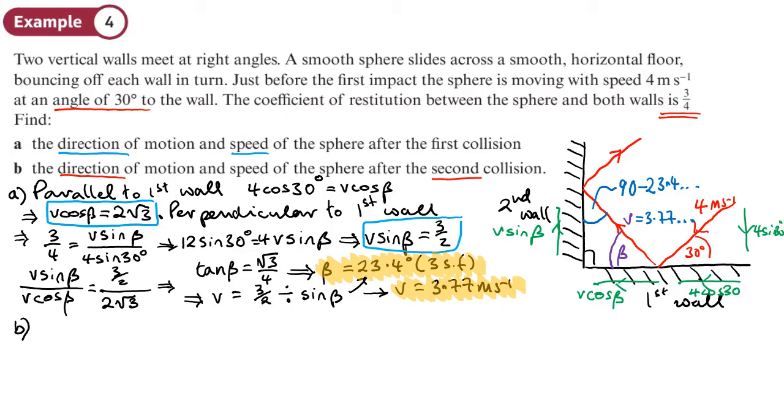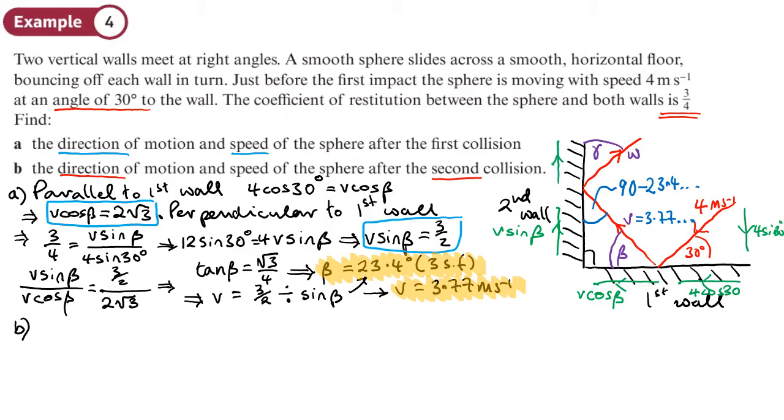So I'm going to mark on my diagram now the second set of velocity. We're going to call this one W, and this angle here, we'll call that gamma. Why not just keep going through the Greek alphabet? And so this is our second wall. What we want is these components here.